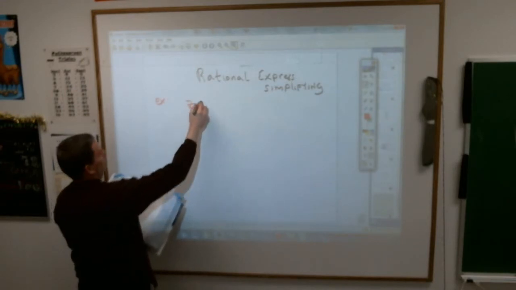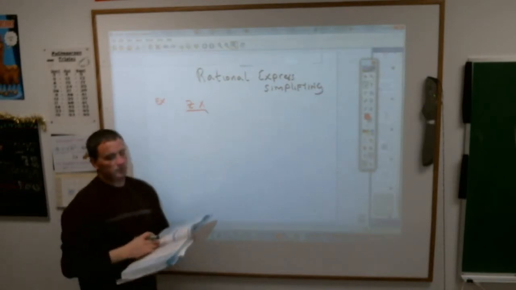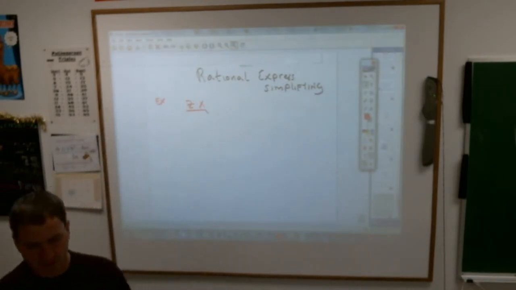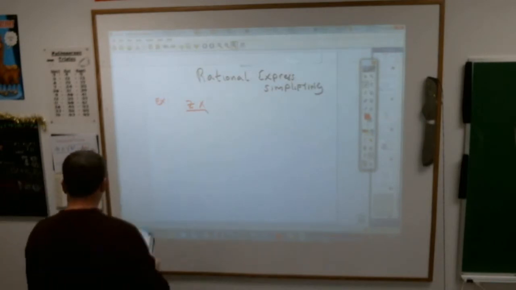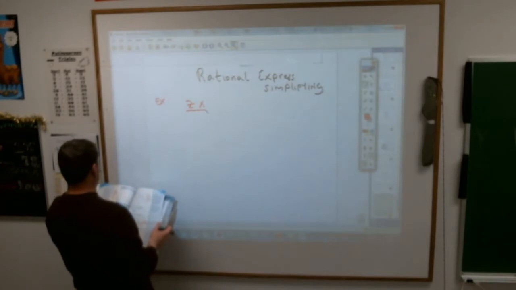Z over x. If you really want, why don't you open your book to page 246, so you can write it off your paper as opposed to listening to me. Letter F, page 246.